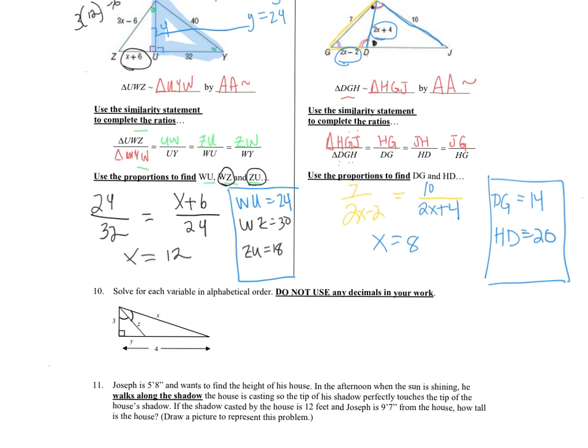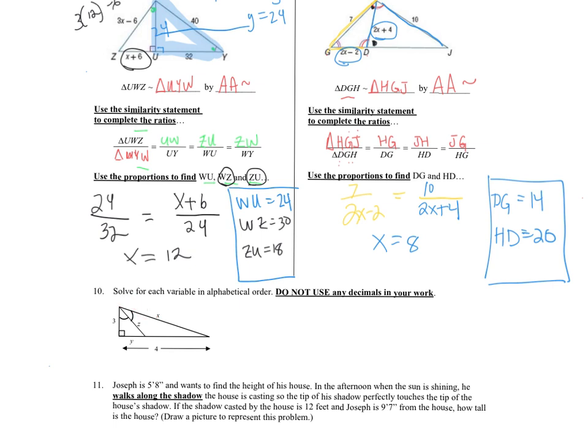All right, number 10, solve for each variable in alphabetical order. Do not use decimals in your work. Okay, so if I look at this, the first thing I notice is that I have a right triangle, and if I look at my sides here, if I see that this is 3, then this is 4, then this must be a 5 using Pythagorean triples.